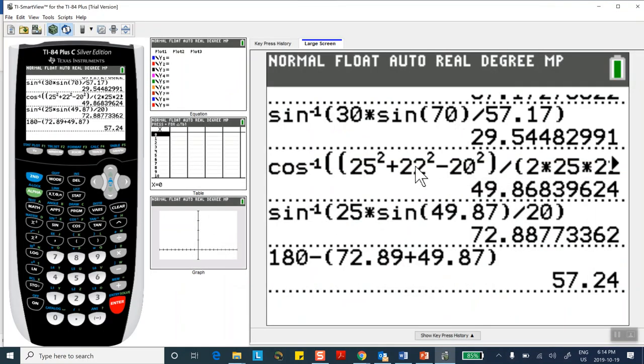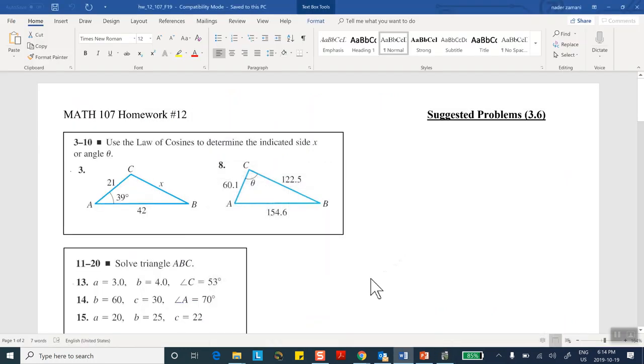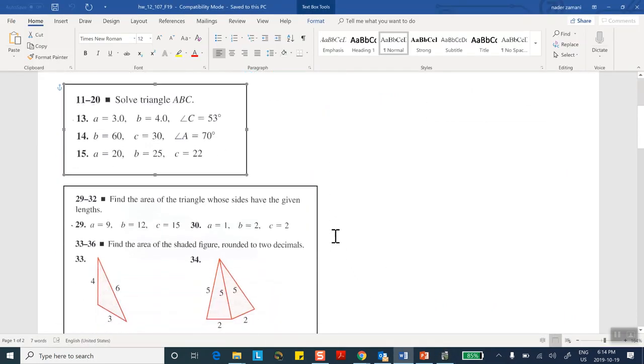Okay, so we have done these problems. Let's see what else we got. Next category of problems. Okay, so let's look at number 29. It says that if these are the sides, find the angles.